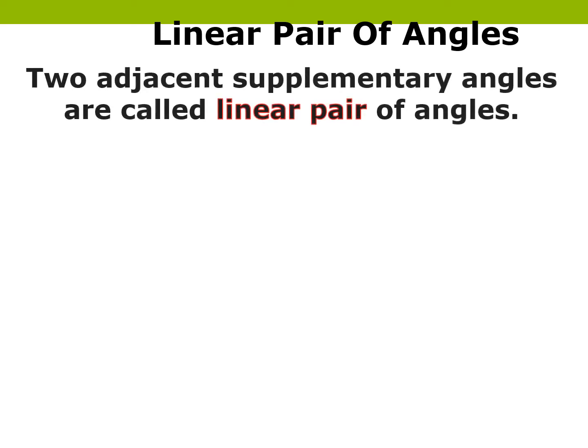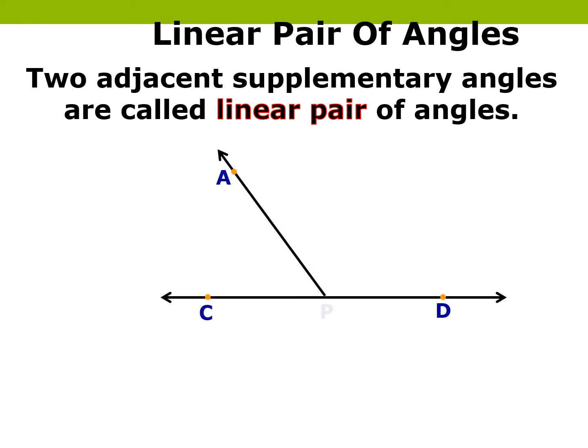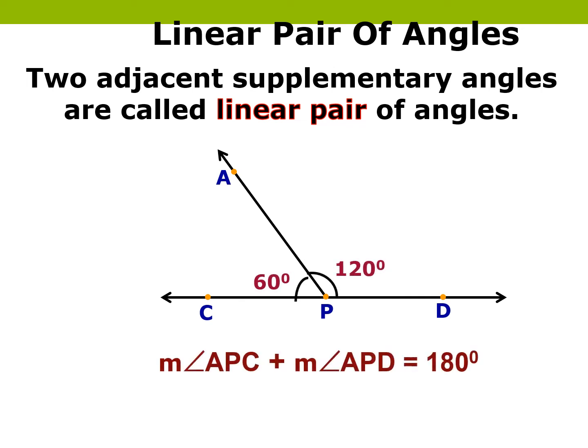Two adjacent supplementary angles are called a linear pair of angles. So we have here 60 degrees, 120 degrees. The adjacent angles are angle CPA and also angle APD. Getting the sum of the two, we come up with 180 degrees and it forms a line.